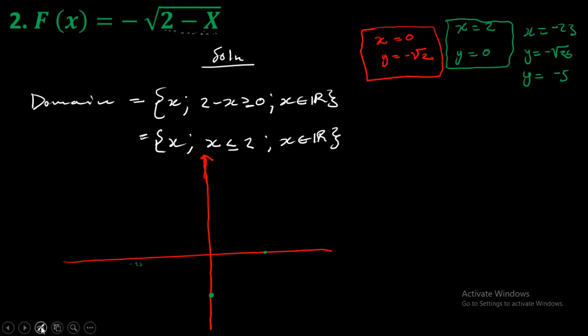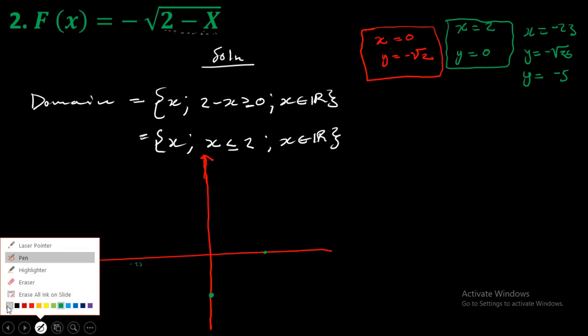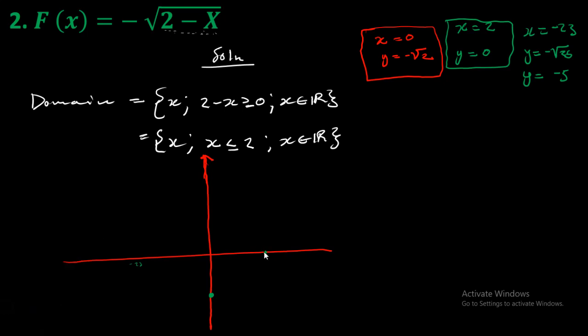If you check the graph of this function, it is simply moving in that way, of which this point is 2, and that point is negative square root 2, and this is your y-axis and this is your x-axis.